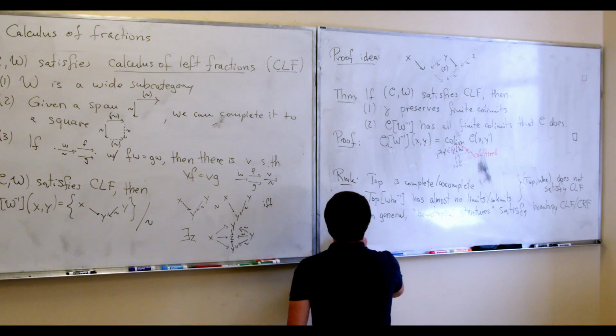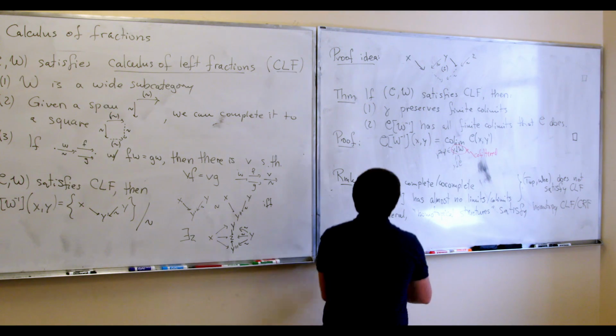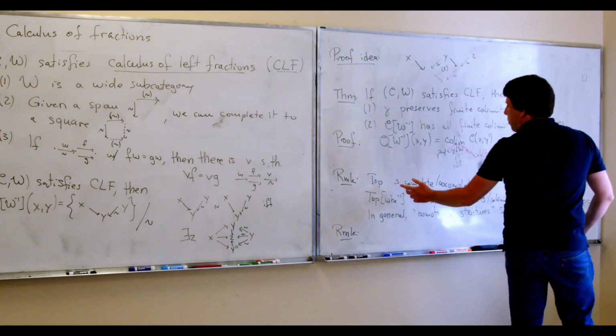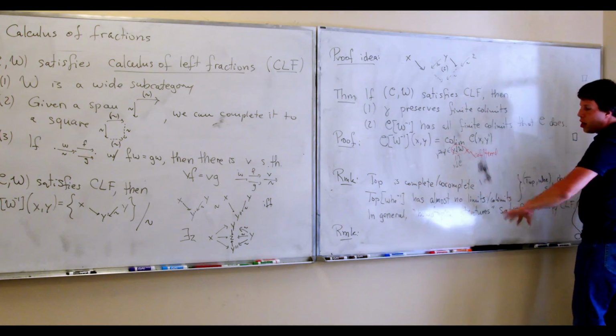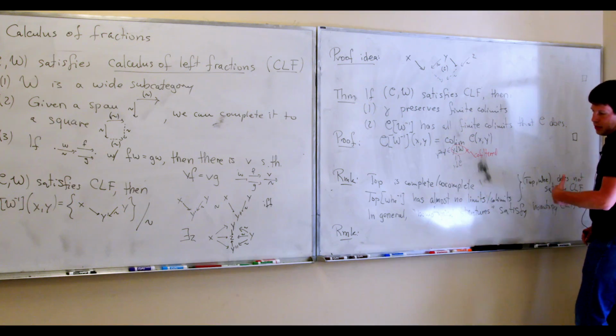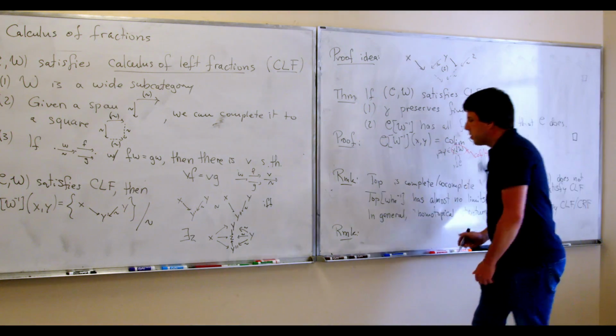And one other remark is that the mismatch that we have here is that we would be looking at limits and colimits in the homotopy category. And these are not the interesting object, right?